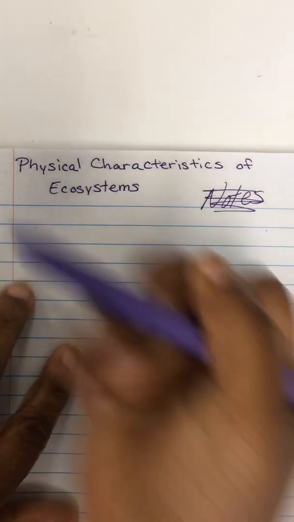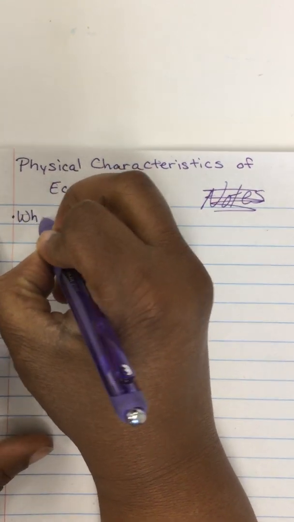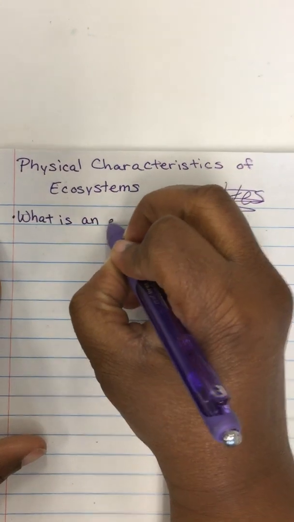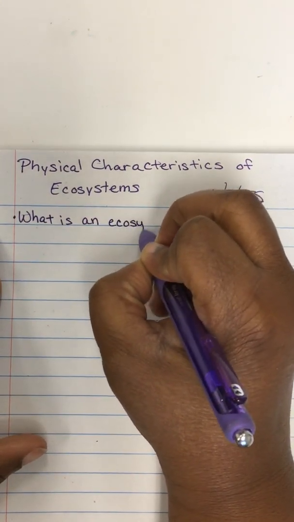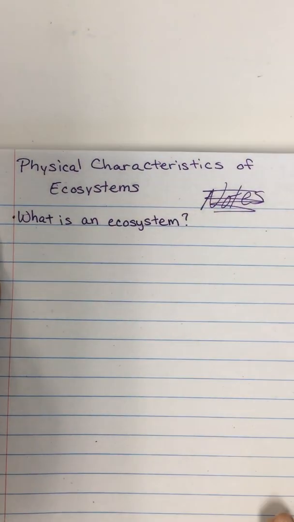All right, I'm gonna zoom in just a little bit and we're gonna get started. Hopefully this is enough zoom for you guys. First thing we need to know is, what is an ecosystem? Let's get that written. I'm gonna start at this top line today. And it is a question, so we'll add our question mark.